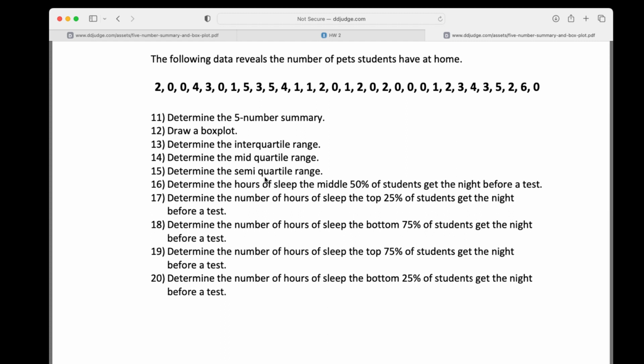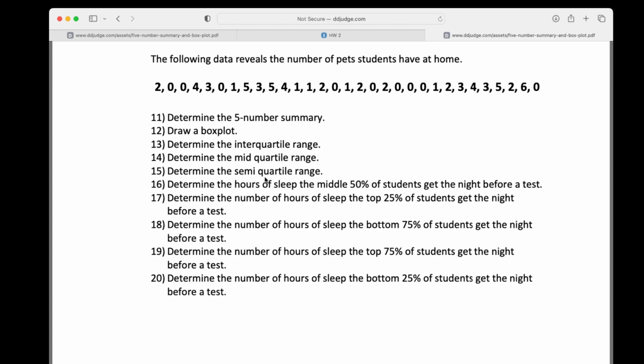Anybody know? Is it the same question? Are you sure? What does it say? The following data reveals the number of pets students have at home. It's a pet question.